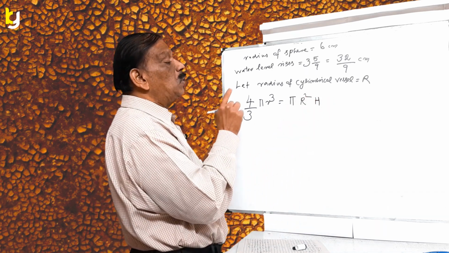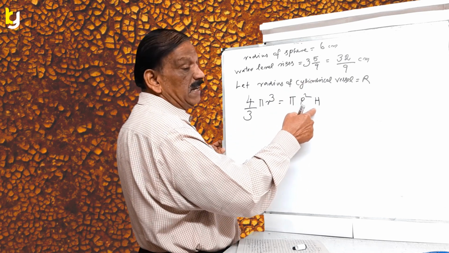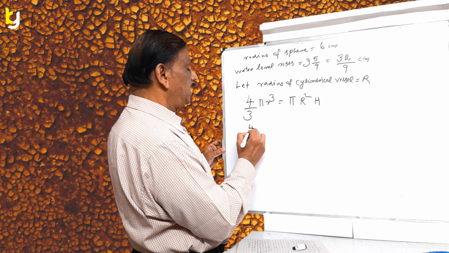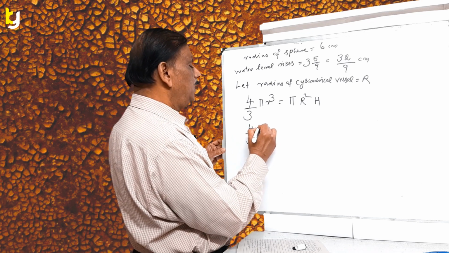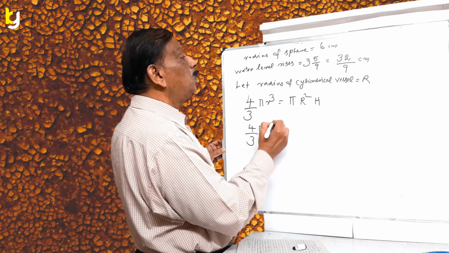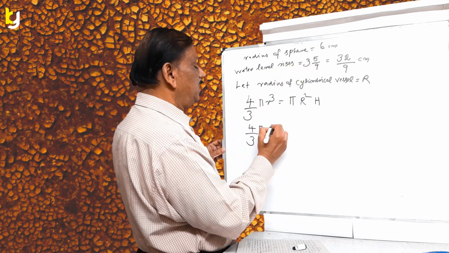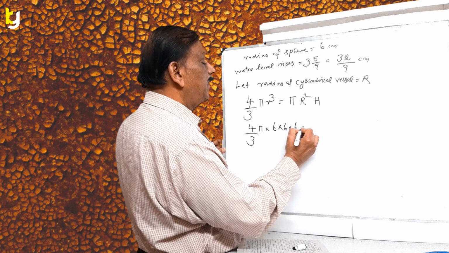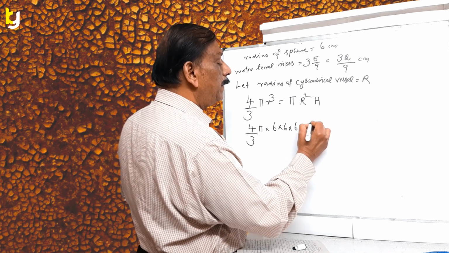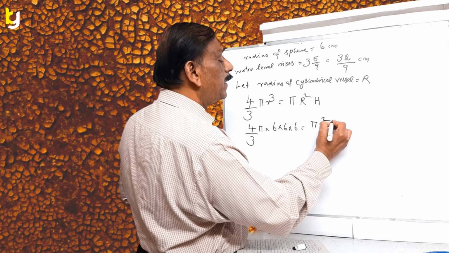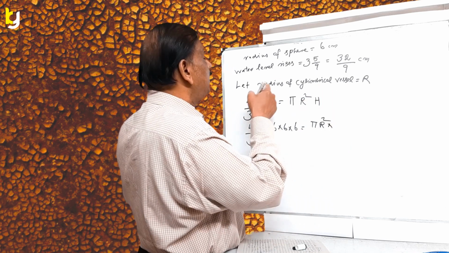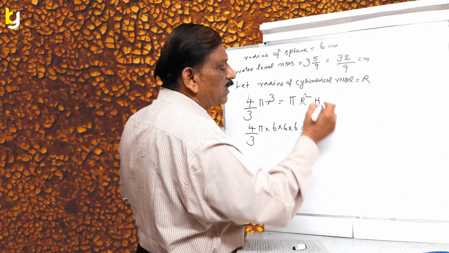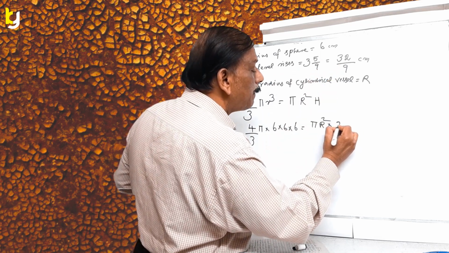Let height be h, that is equal to 4 by 3 pi into r cubed, r is 6 centimeter, 6 into 6, equal pi capital R square into h, that is h means water level height rises 32 by 9 centimeter.